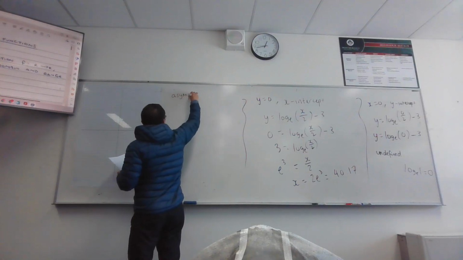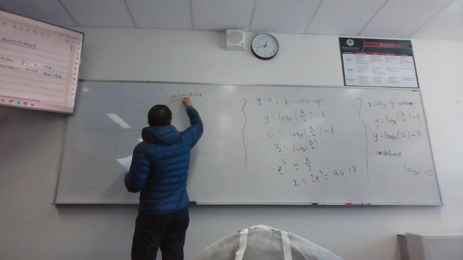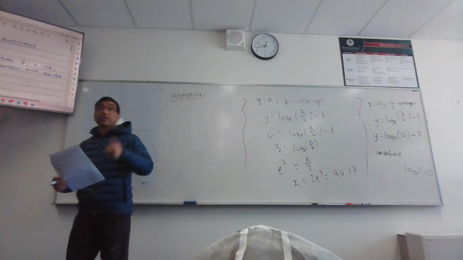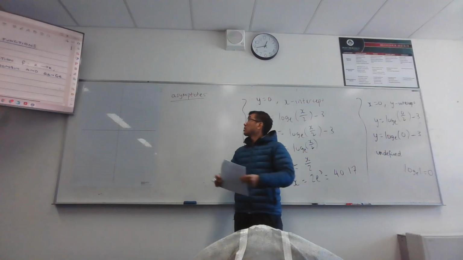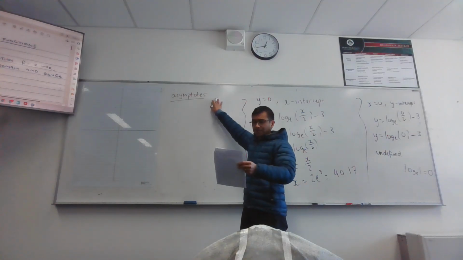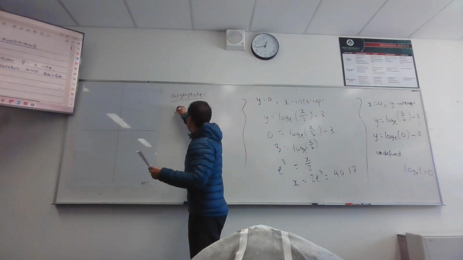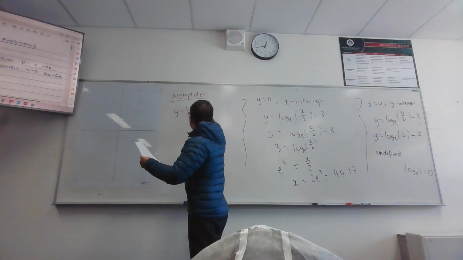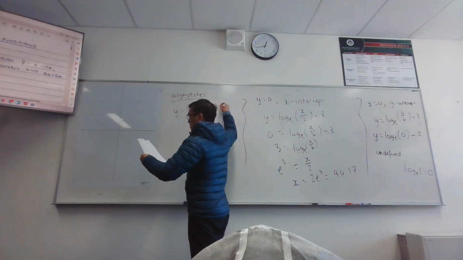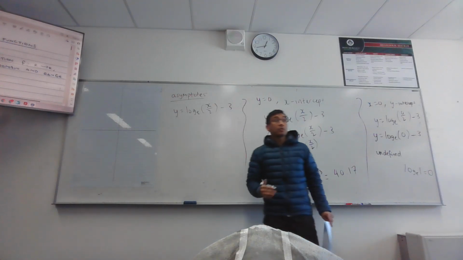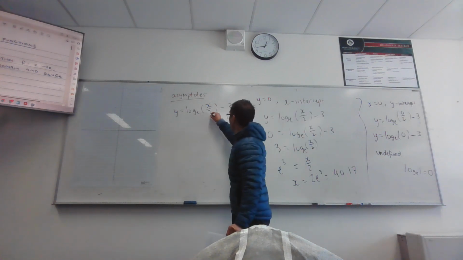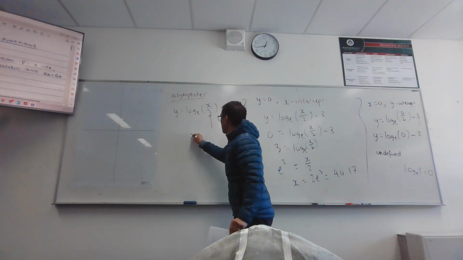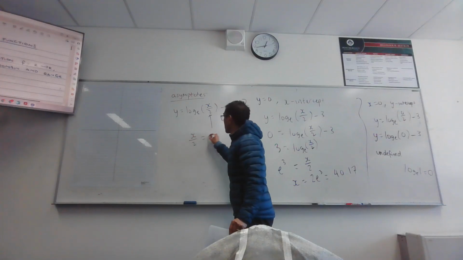Now, in your exponentials or logs, there's always asymptotes hanging around. It's a 3-step process for logs and exponentials: x-intercept, y-intercept, and your asymptote. So if my equation is this, try to draw out my asymptote. I do not want that to equal 0.